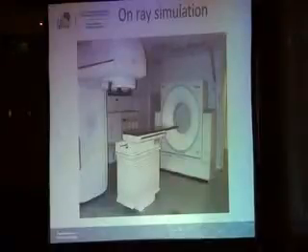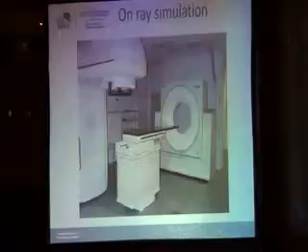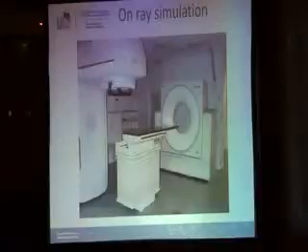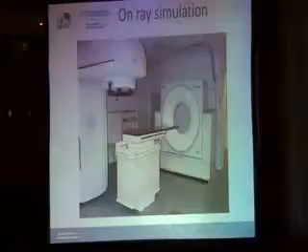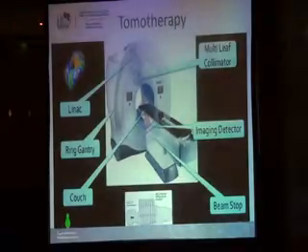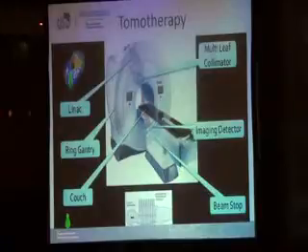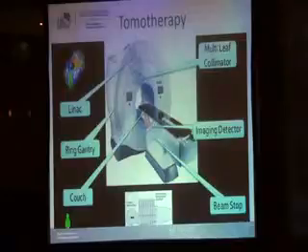Your patient will be put in the treatment position and then have a CT with a CT machine, and then if you are happy with this, you will transfer the patient in his own position into the linear accelerator to receive the treatment. The tomotherapy is a good machine in which you have a CT and a linear accelerator in the same machine.